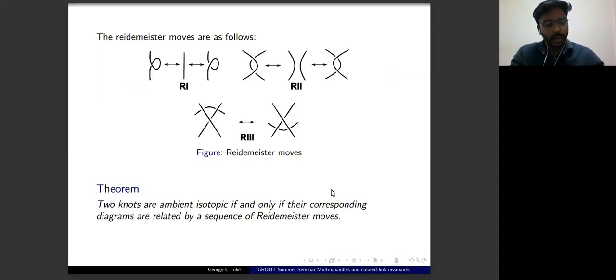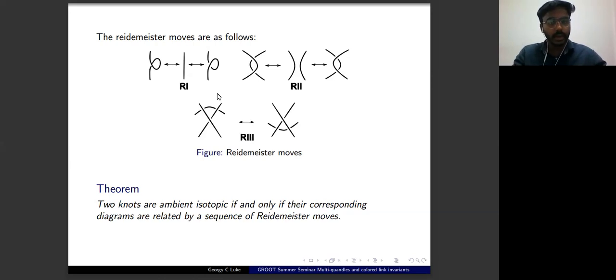Yeah, and then there are some classical moves on the diagrams of knots which we can do very locally, which are called Reidemeister moves.